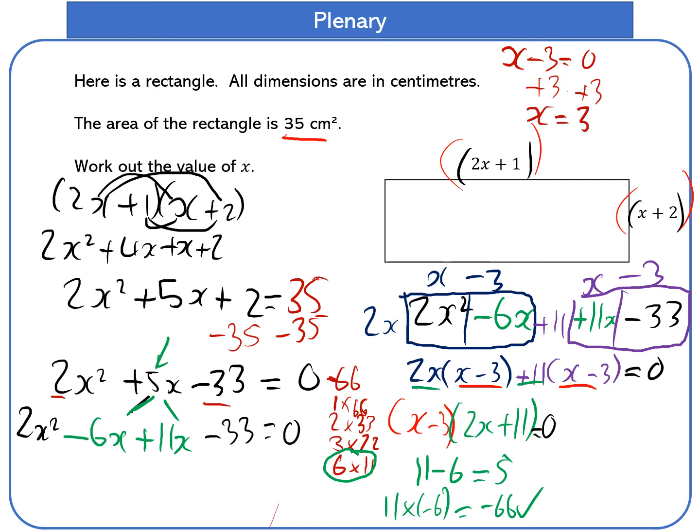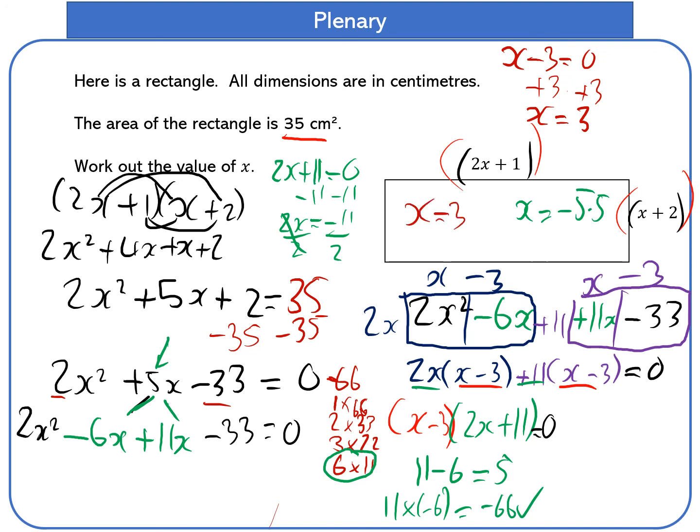And then my other solution, I'll just put this up here because I've got room, 2x plus 11 equals 0. Opposite of plus 11 is minus. And then I've got 2x equals minus 11, divide by 2, divide by 2. So my two answers are x equals minus 11 divided by 2, which is minus 5.5, and my other one was x equals 3.